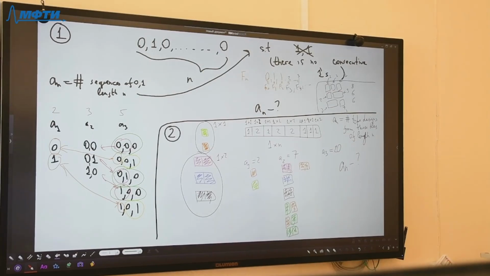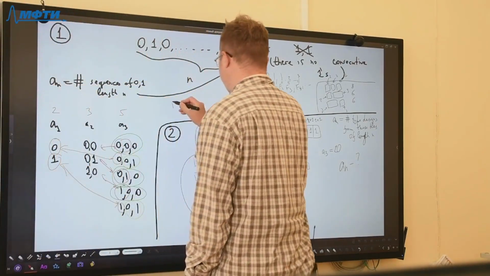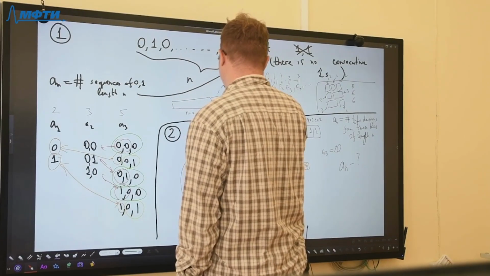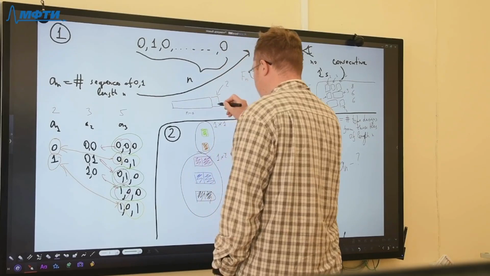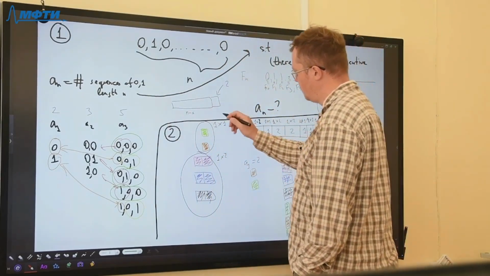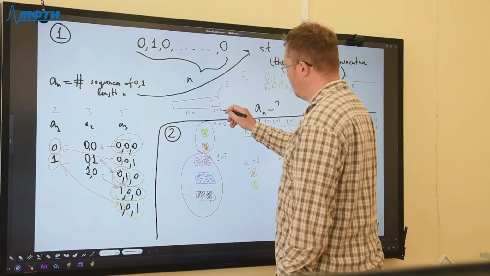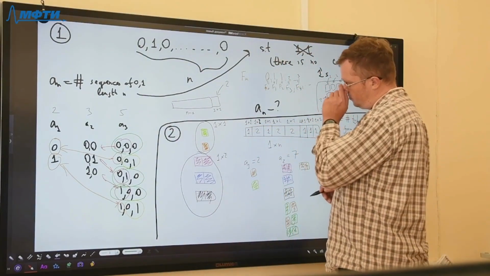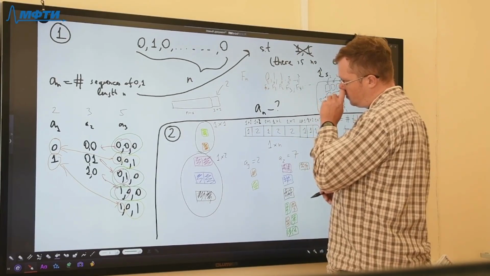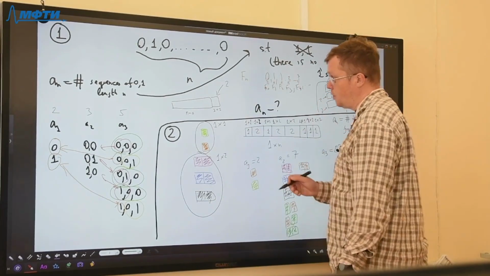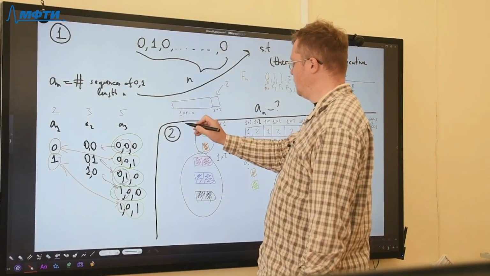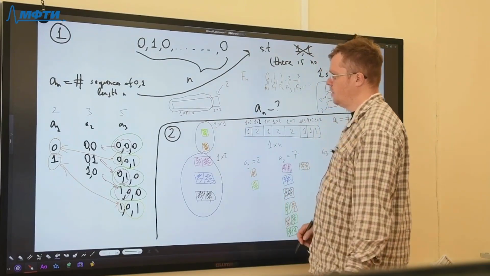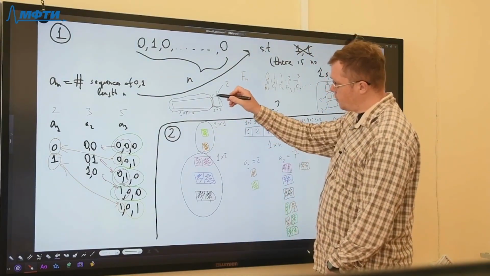If you have something of length n minus 1 and you have two possible options for this tile, then not only that, but the previous also changes. But you don't have to simply sum them.